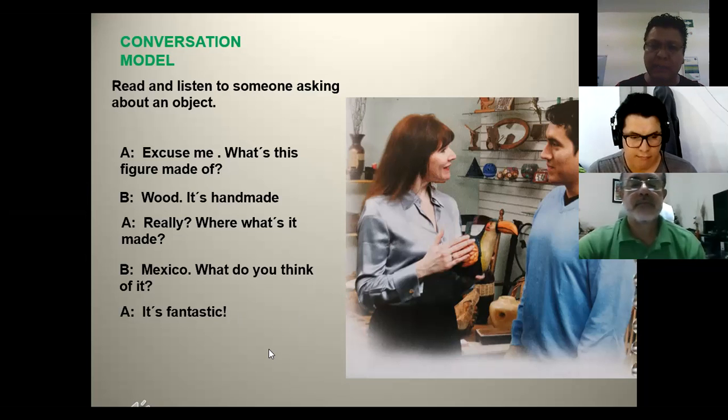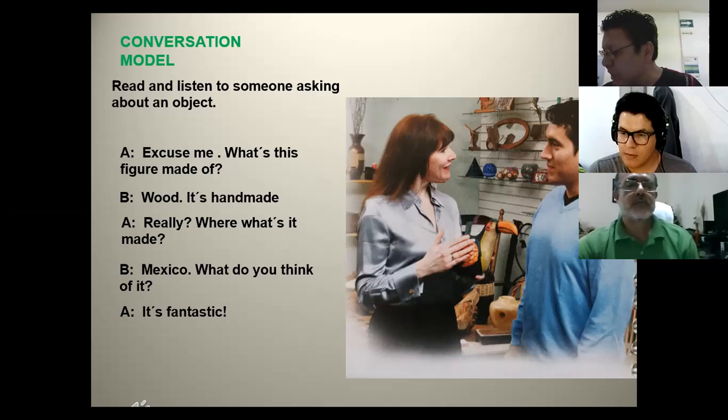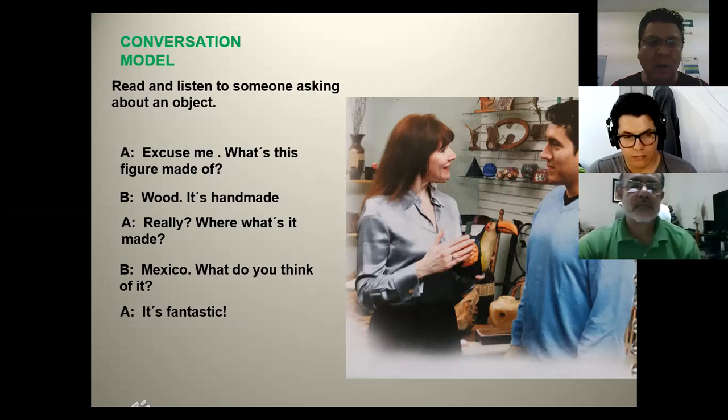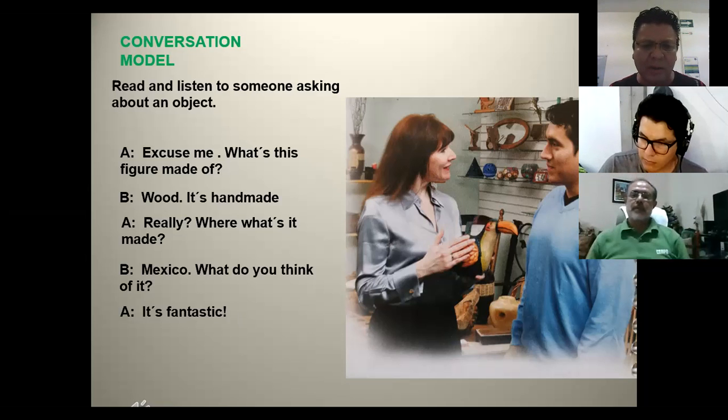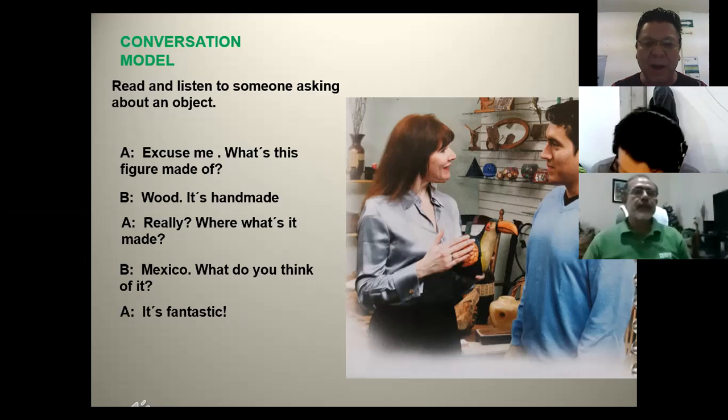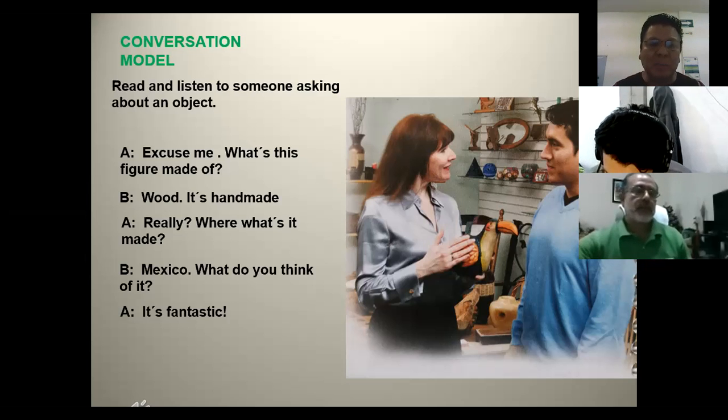Okay. Very good. But I need to listen to Jacob and Gloria. Gloria, hello, how are you? Hi, teacher. Fine. Okay, very good. Are you ready to read? Are you ready to interpret the woman?